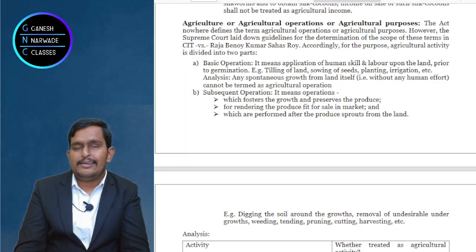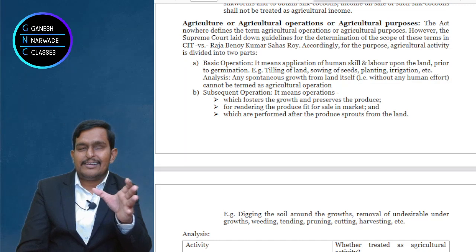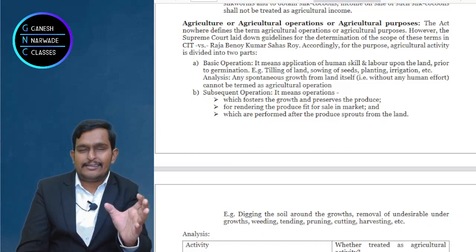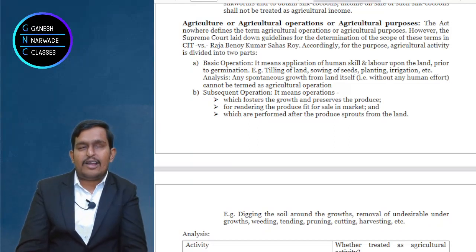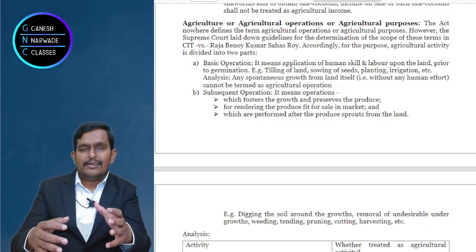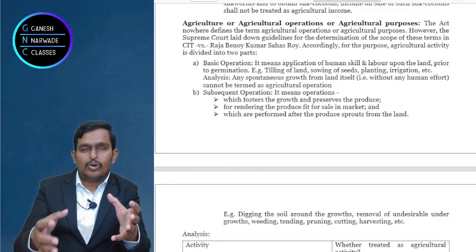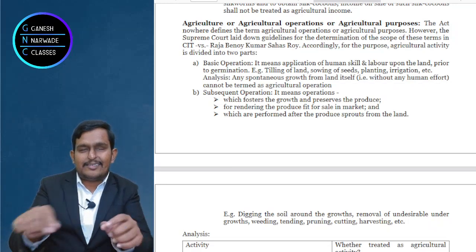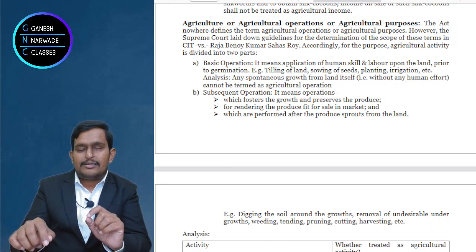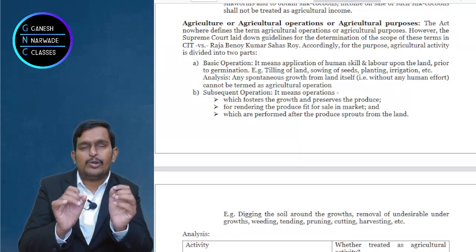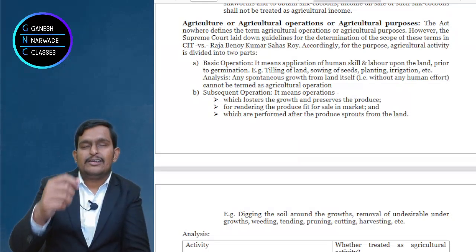So this is what subsequent operations are: applying pesticides, weeding, pruning, cutting, harvesting, removing undergrowth and unnecessary plants which we don't want, removing the soil attached to the produce. All that activity is done after the produce sprouts from the land.